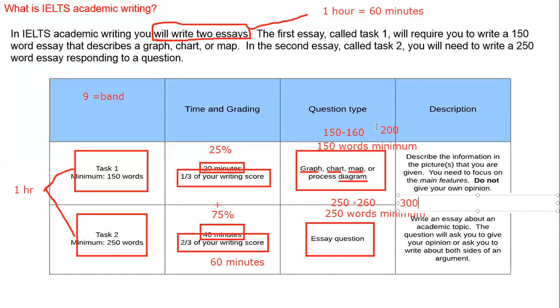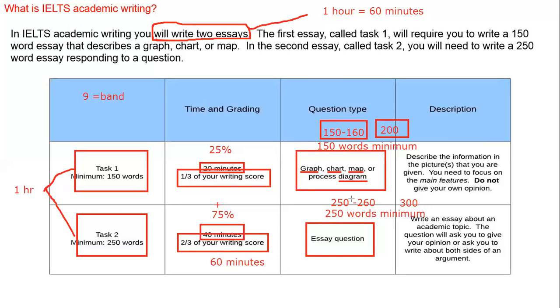Because your mistakes will be counted more in 200. If you go for 200 words, you will have more mistakes in 200 as compared to 160 or 150 words. Because if you write 200 words completely for your task 1, you may make more blunders. So if you make a lot of mistakes, all the mistakes in your 200 words will be counted, clear?